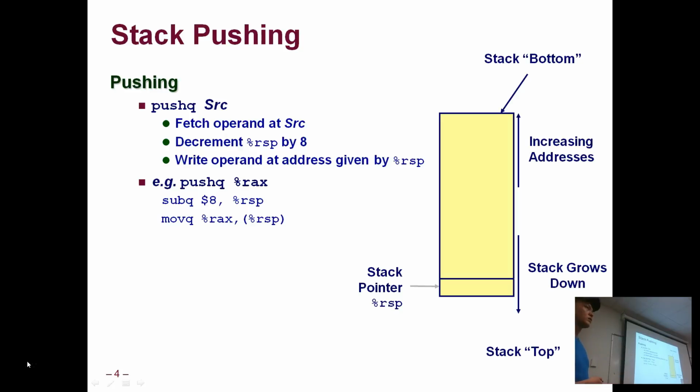Is it faster? Yes, there's only one instruction to code, so one instruction fetch, one instruction decode, and then the operation is done in one step. Whereas this is two instructions, so two fetches, two decodes, and two operations. That's why they built it into a single instruction, the pushq.